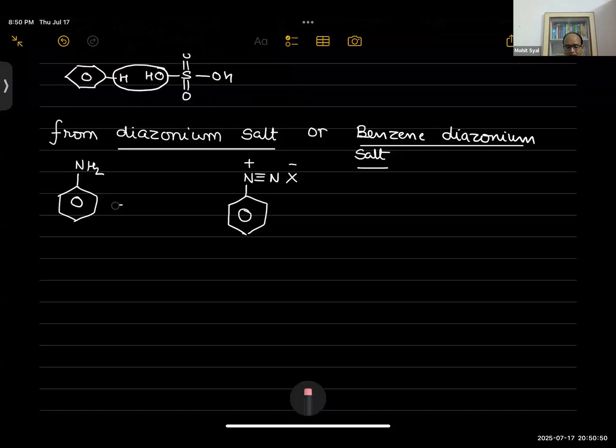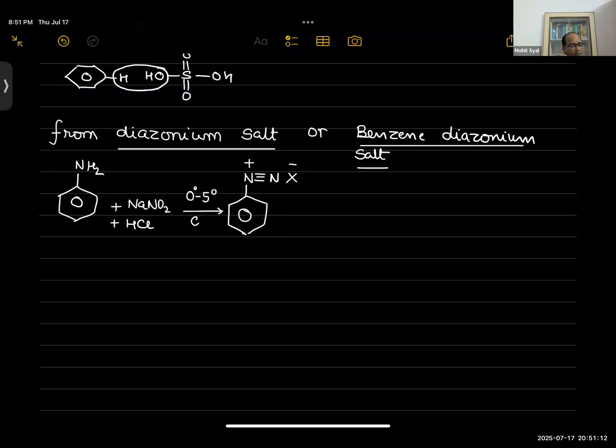And how are you going to prepare it? By reacting it with NaNO2 plus HCl at low temperature, because this salt is unstable.